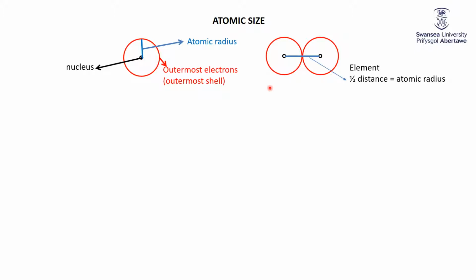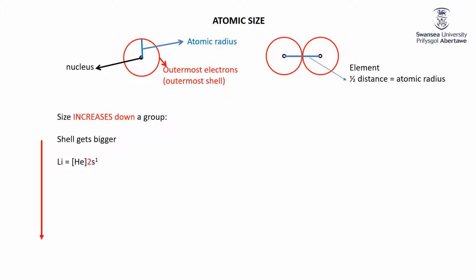Anyway, having defined what the atomic radius is, we can generate two trends associated with the periodic table. First of all, the size of atoms increases as you go down a group because the shell gets bigger. Remember, the radius is defined as being the distance from the nucleus to the outermost shell. The first shell is smaller than the second shell, smaller than the third shell, and so on. As you go down a group, the outermost shell is further away.